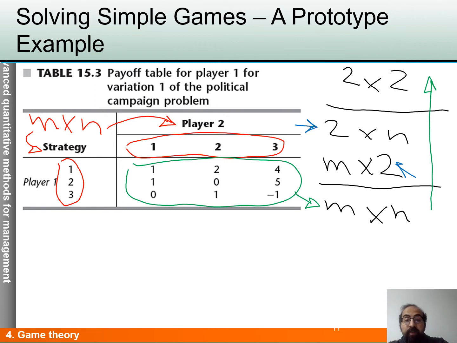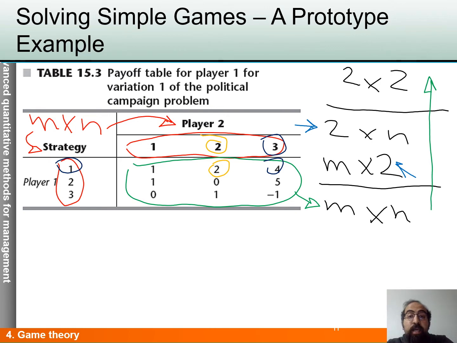For example, when we are talking about this element 4, this 4 means that player 1 wins 4 units by selecting strategy 1, and player 2 by selecting strategy 3 loses 4 units of the value. So for sure, in comparison between these 2 and 4, strategy 2 is better for player 2.